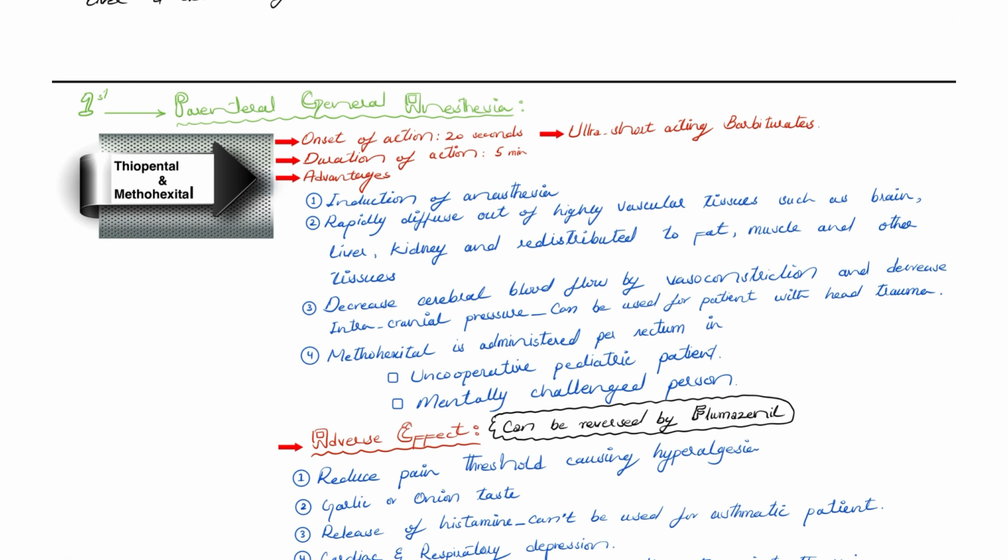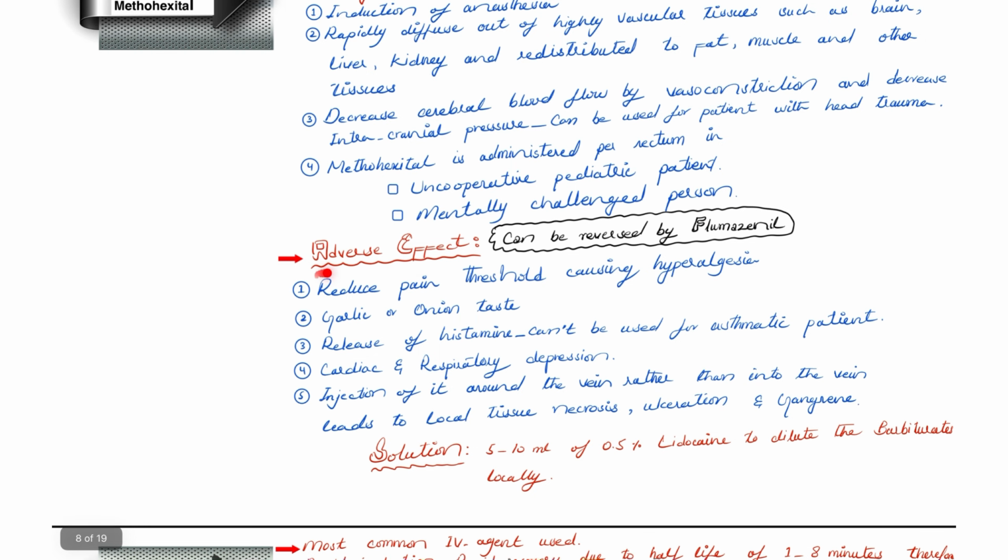Fourth advantage is that methohexital is administered per rectum in uncooperative pediatric patients or in mentally challenged persons.